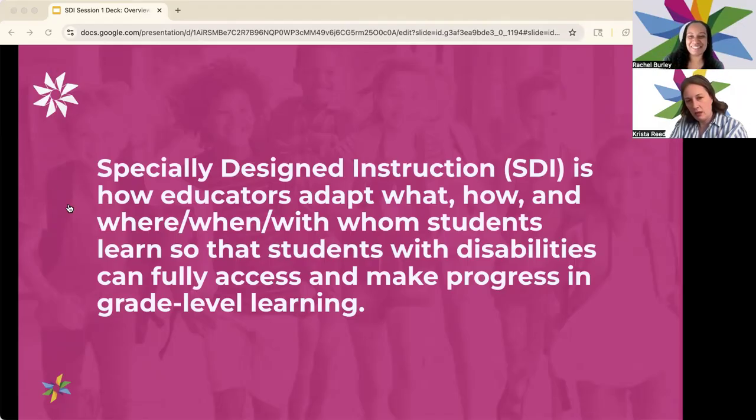No, I think the only other thing that came up is that SDI is about making changes to what, how, where, when, and with whom students learn. And just thinking about that question of how that's different from differentiation: these are different considerations.